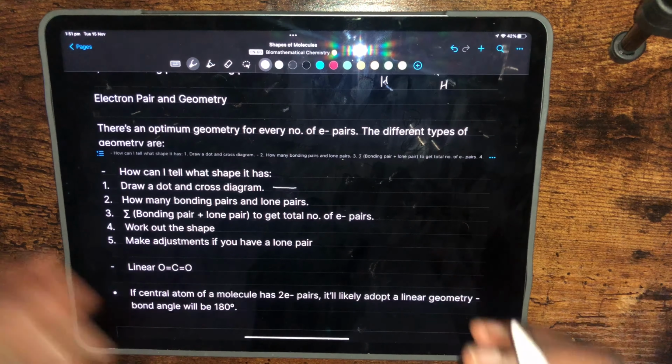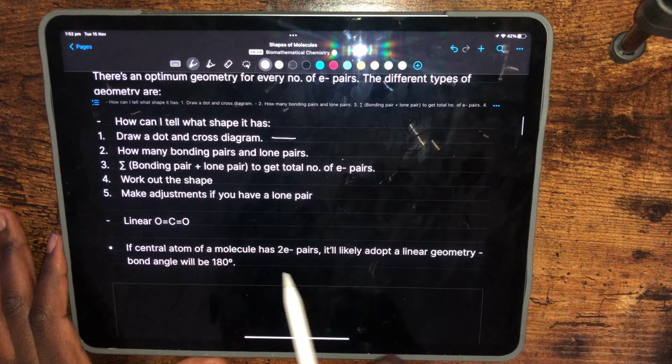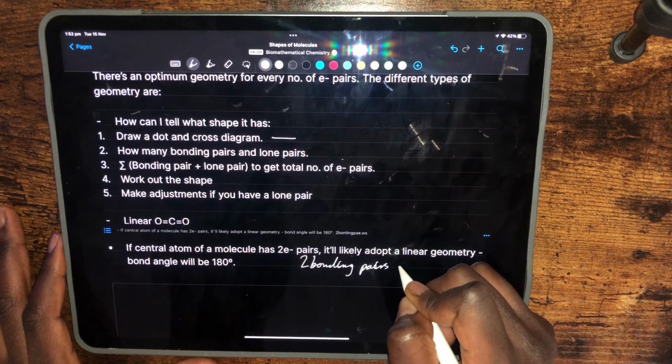Linear is one of the types of shapes. It's the most basic type of geometry. If the central atom of a molecule has 2 electron pairs, it will likely adopt a linear geometry and a bond angle of 180 degrees. When I say 2 electron pairs, that's this step 3 here. It's a sum of 2 electron pairs, because there are 2 bonding pairs and no lone pairs.